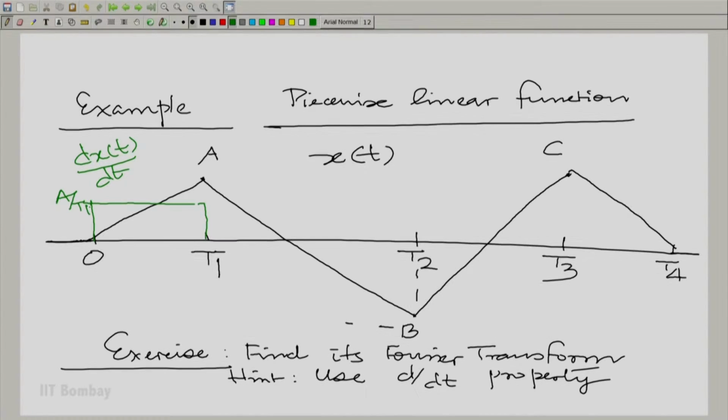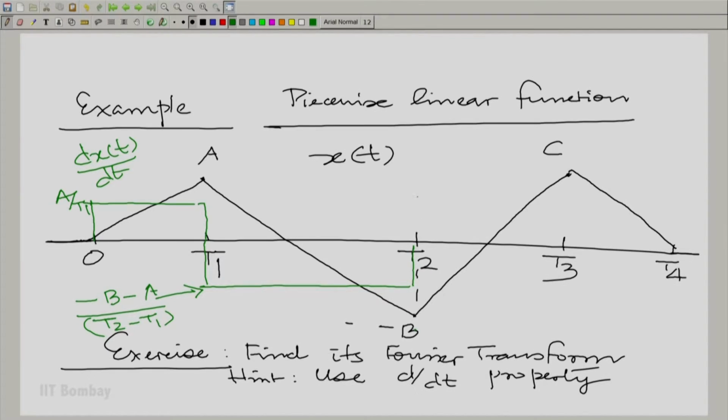Here this falls from a to minus b over an interval of t2 minus t1. So, you need a negative pulse here, and the height of this negative pulse is, well, you can say, minus b minus a by t2 minus t1. You see, it reaches minus b from a.